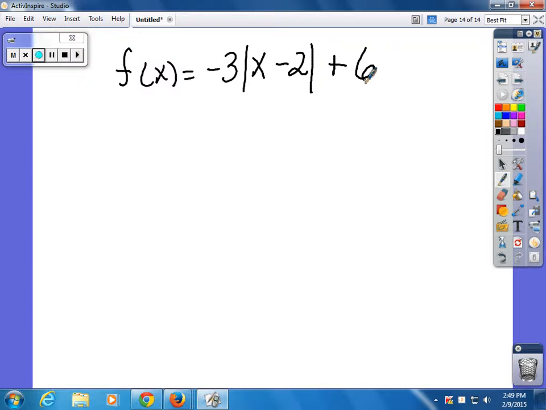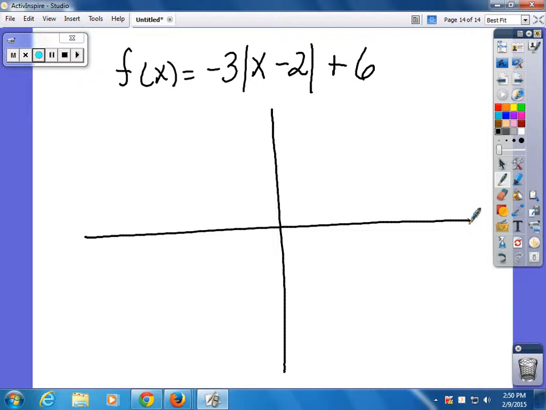After you sketch it, I want you to give me domain, range, increasing and decreasing values. How long should it take you to sketch it? Less than a minute. I'm going to give you the parent graph for it. Parent graph looks like a what? B.